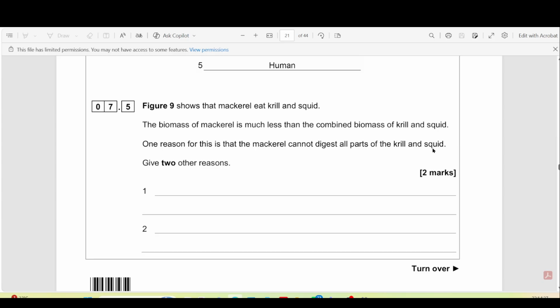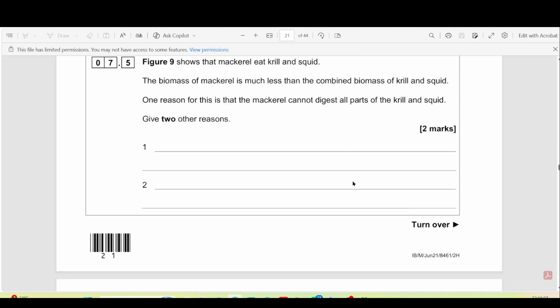Respiration and excretion are the two main reasons.